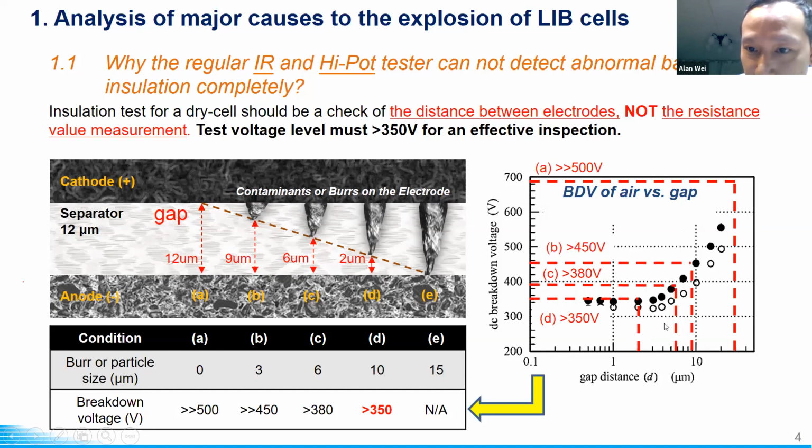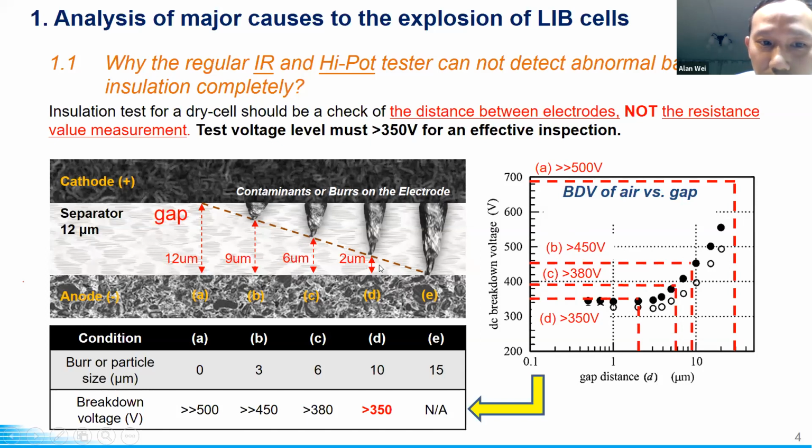If we check the table here on the right, in case A, the 12 micron, probably you have to test over 500 volts, even greater. In case B, the gap is about 9 microns, so it's about 450 volts. In case C, there will be 6 micron, so it's about 380 volts. And case D will be 2 micron, about 350.